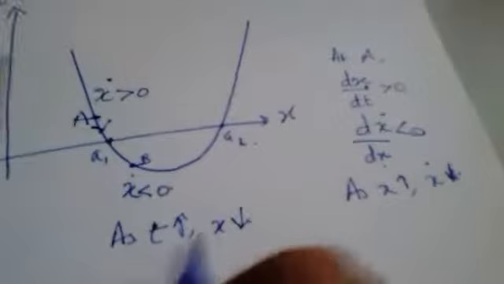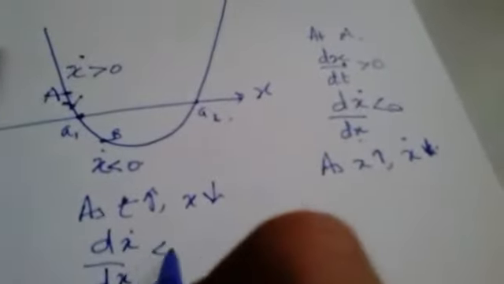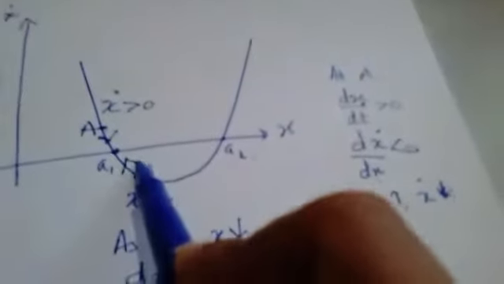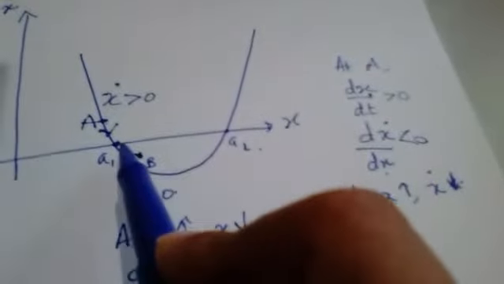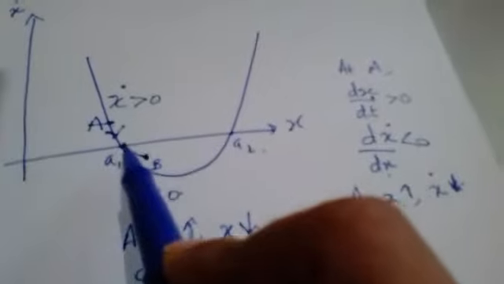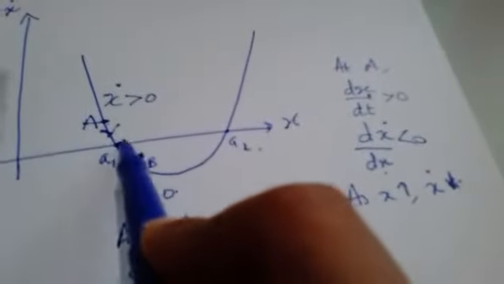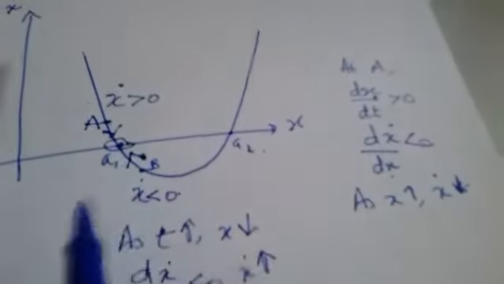Also, because dx dot by dx is negative, x dot has to go up, because if x is falling and dx dot by dx has a negative sign, x dot has to go up. So if you're at a point like B and x is falling, then you will be on this path. x dot has to go up. So again you can see you're moving back to the equilibrium state. So the point here is that this equilibrium state A1 has to be a stable equilibrium state.